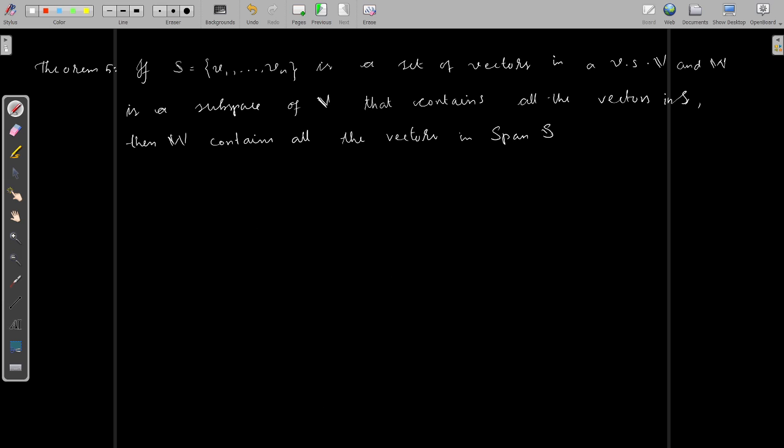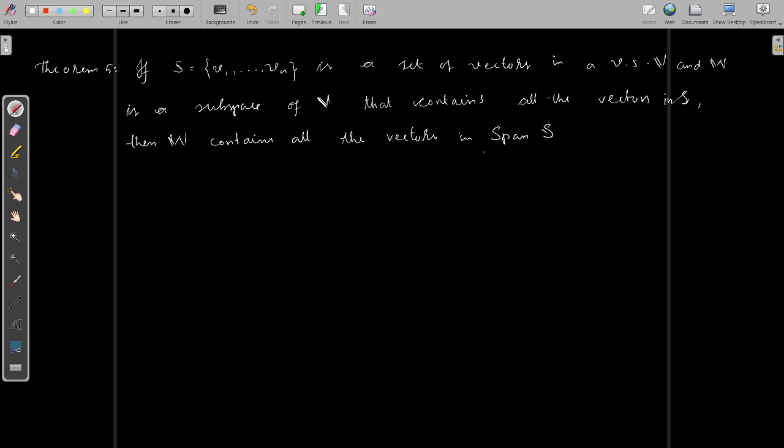In this section there is one more theorem. This is the last theorem of this section. Theorem 5: If S is a set consisting of v1, v2, etc. vn of vectors in a vector space V, and W is a subspace of V that contains all these vectors. Okay, S is just a subset and W is a subspace containing all these vectors.